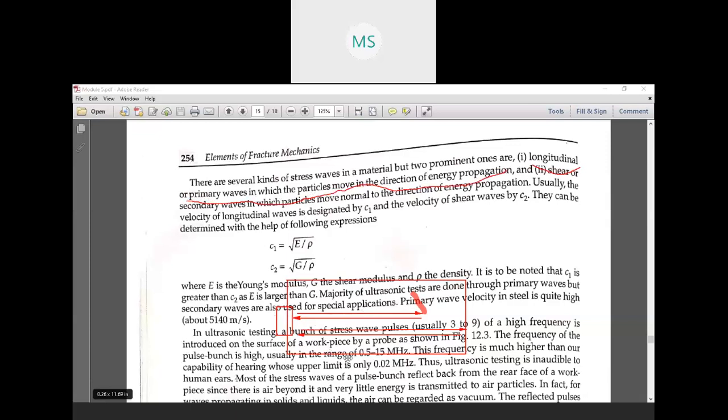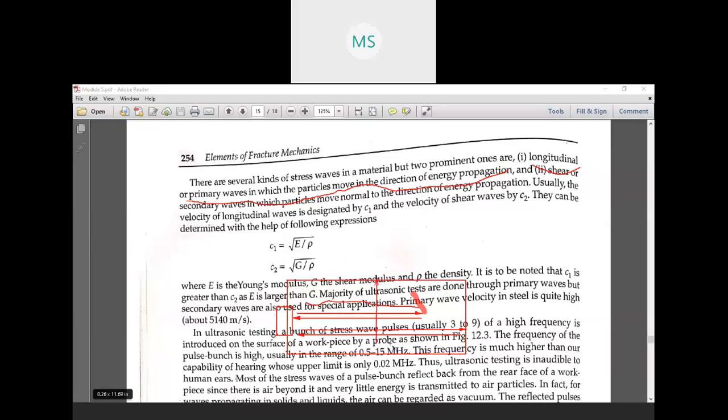In our example, this is the primary wave. The second is the shear wave, or secondary wave, in which the particle moves normal to the direction of propagation. If this is the direction of propagation, then the normal will go in this direction.